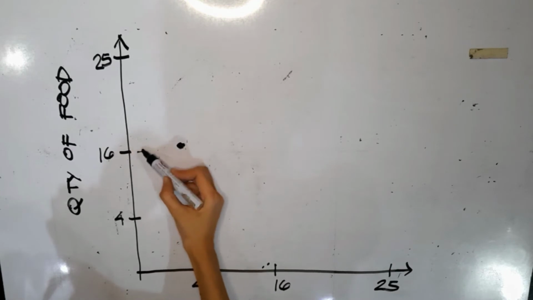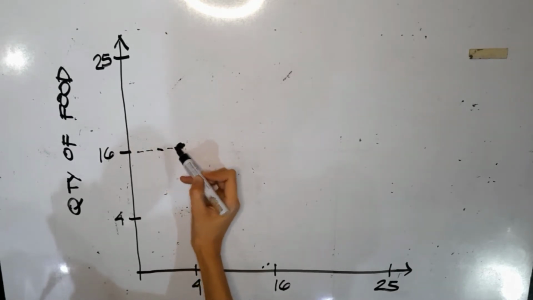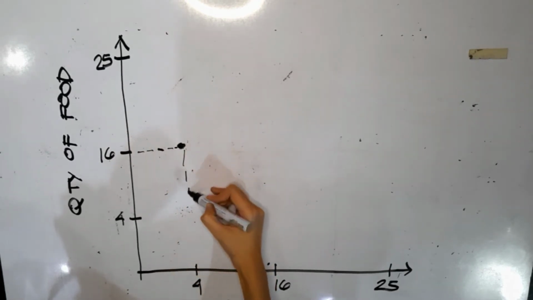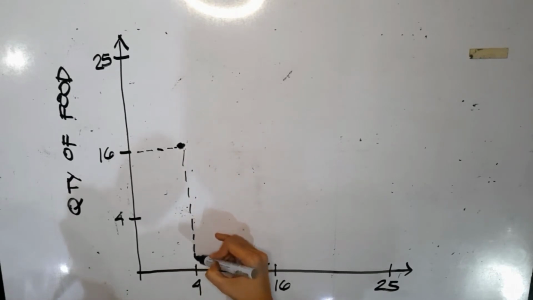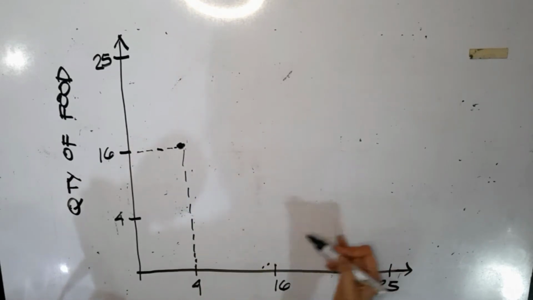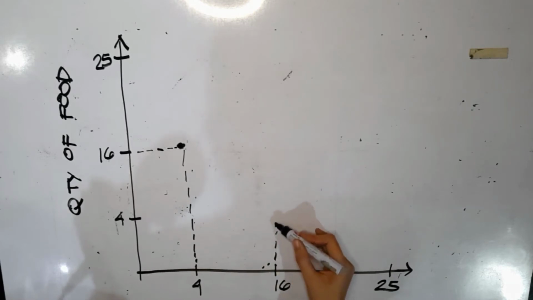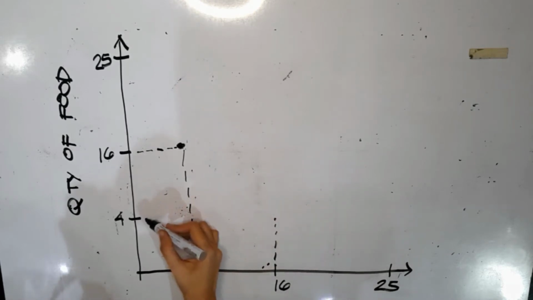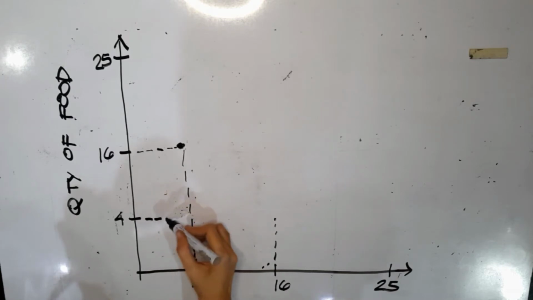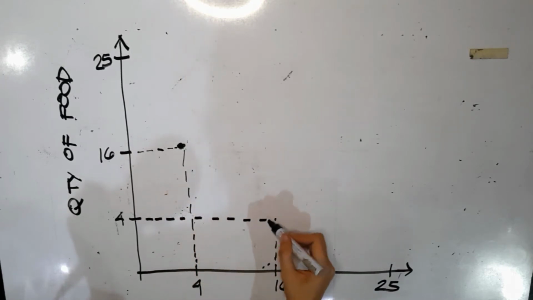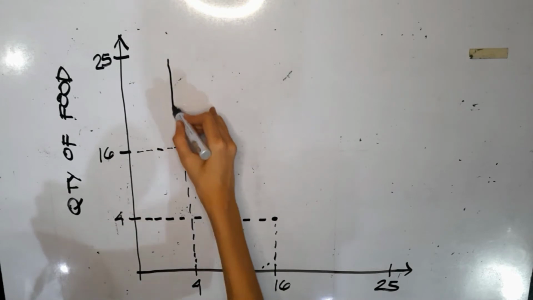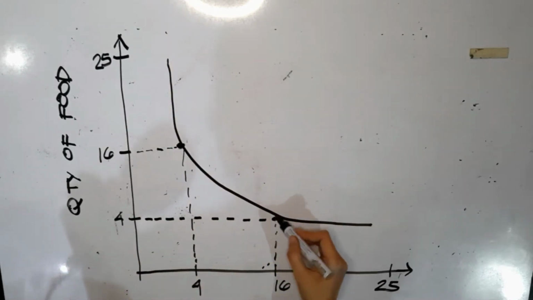16 units of food and 4 units of clothing. Or a combination of 16 units of clothing and 4 units of food. So this is your indifference curve.